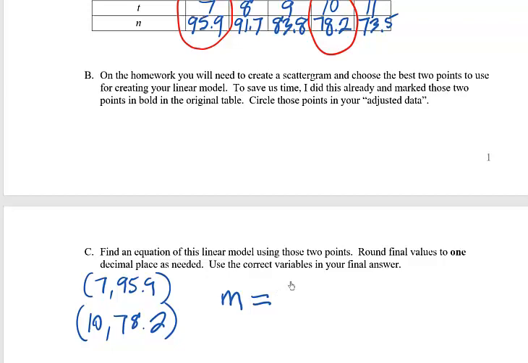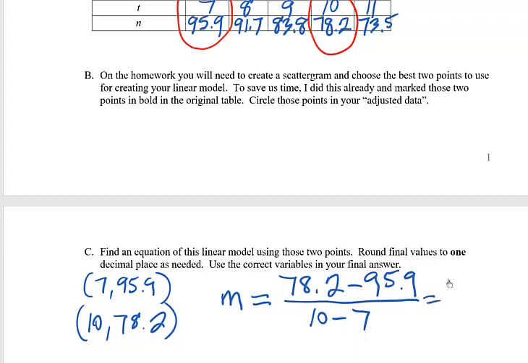We're going to have to find the slope first, so I'll do my little slope calculation. Second y minus first y, over second x minus first x, and then obviously reach for the calculator. And I get negative 17.7 on the top and then 3 on the bottom. And then dividing that on the calculator, I get negative 5.9.